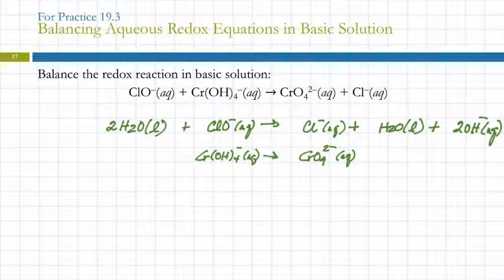And then I say, well, look, I've got a water molecule over there and 2 over here. I could get rid of 1 on each side. So I'm going to get rid of this one. I'm going to subtract that 1 from that side and 1 from this side. And then double check, is it still balanced?